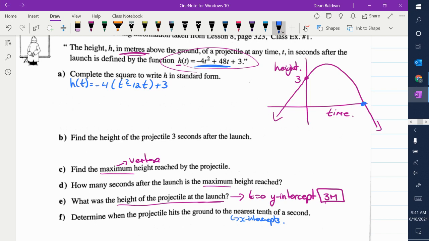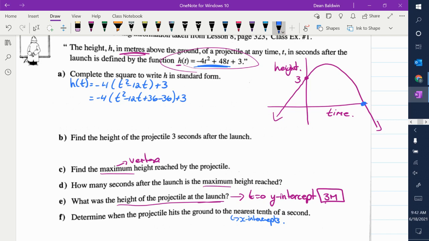Now what? And so half of 12 is 6. Squared is, well, negative 6 squared is 36. So plus 36 minus 36 plus 3.